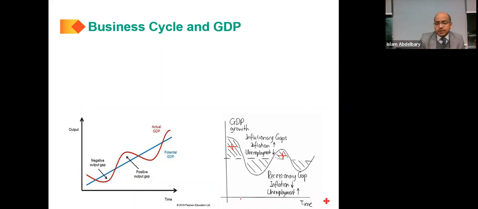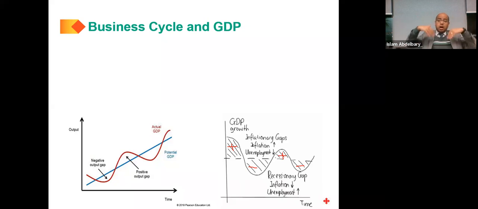If the gap is negative, GDP growth is low, employment low, prices also. So everything is low: growth, employment, prices, or inflation.